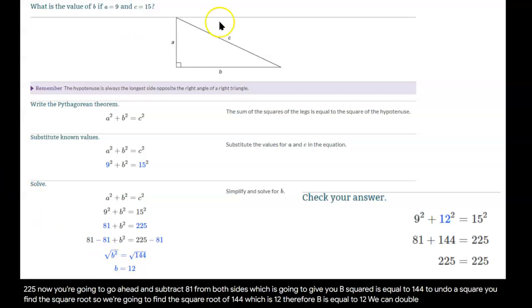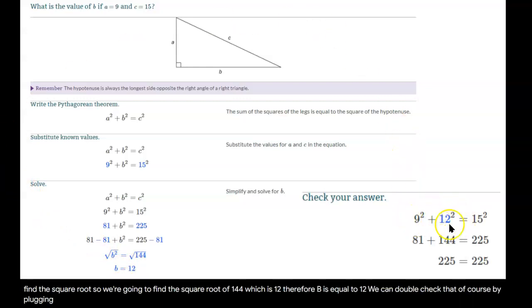We can double check that, of course, by plugging in 12 for B. 9 squared is 81, 12 squared is 144, 15 squared is 225, 81 plus 144 is 225, and of course, that is equal to 225.